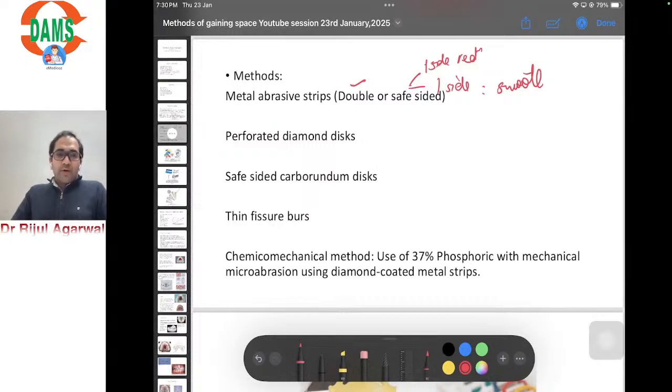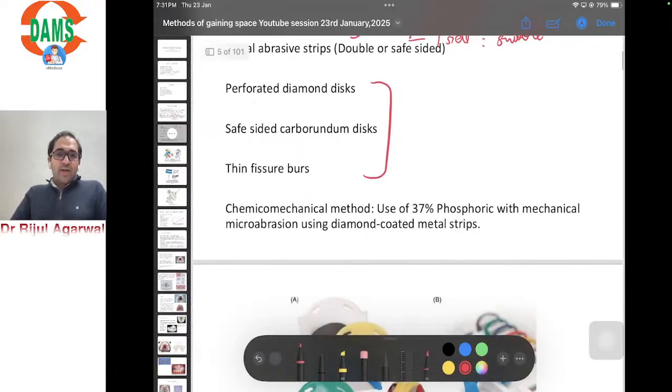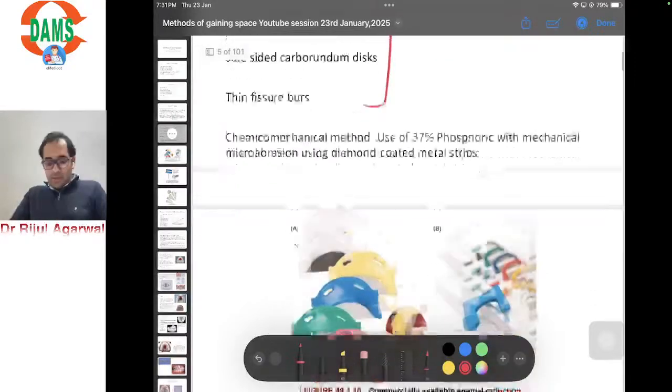Next, perforated diamond disc, safe sided carborundum disc, thin fissure burs; these all require great manual dexterity while reducing enamel. And lastly is the chemico-mechanical method. It is the least used, and employs 37% phosphoric acid with mechanical microabrasion using diamond coated metal strips. So these are the various methods to reduce enamel.